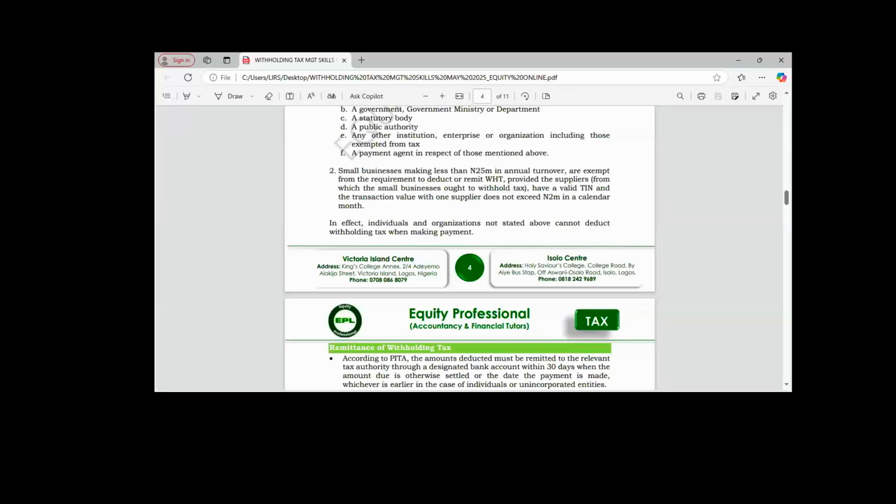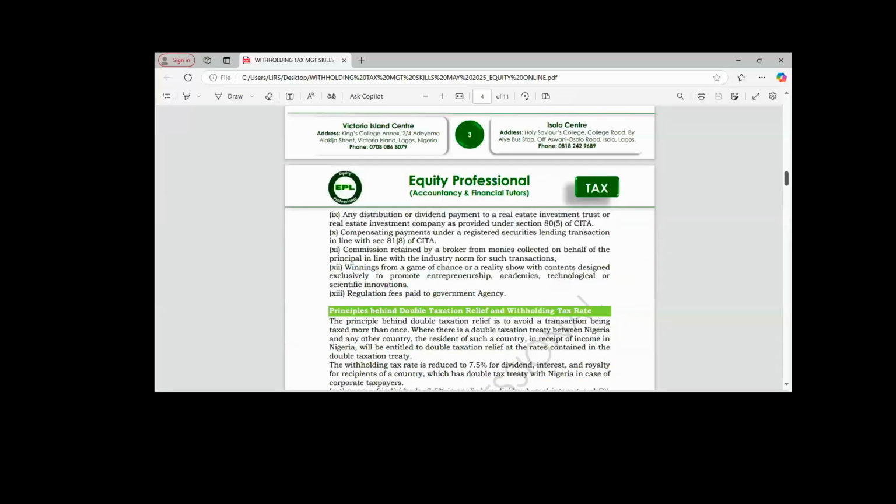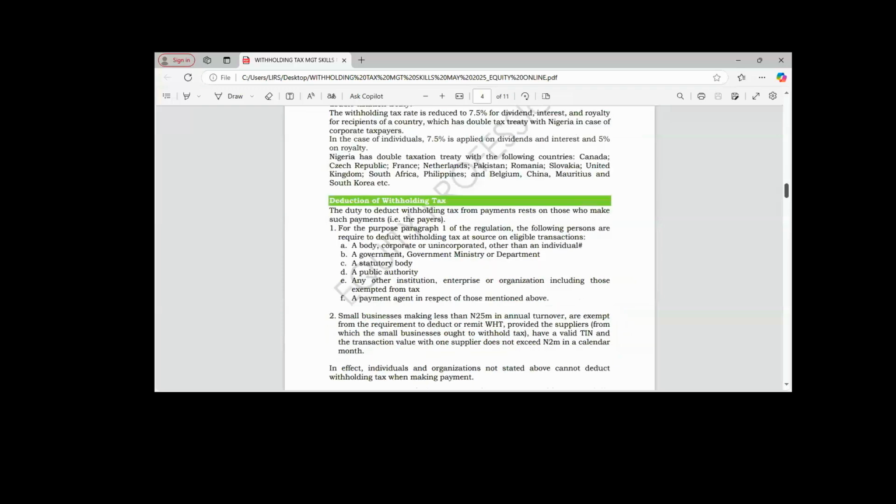We have mentioned everything about the regulation last week, and the various things we need to know about withholding tax. I told us that it's not another form of tax. It's just an advance payment of tax, deducted at source from payments you are making or receiving from a third party, which is going to be available as a set-off against your subsequent tax liability.